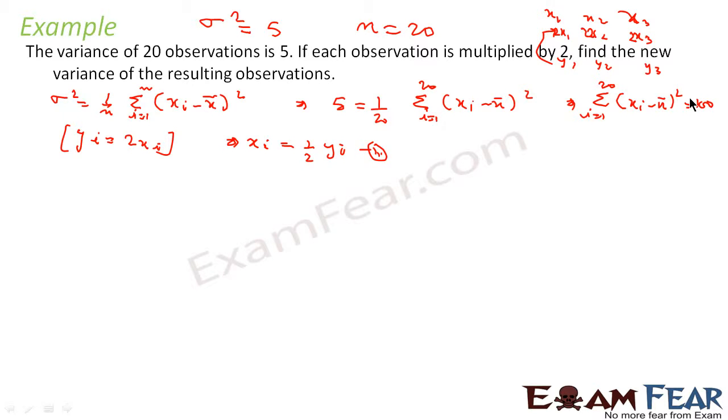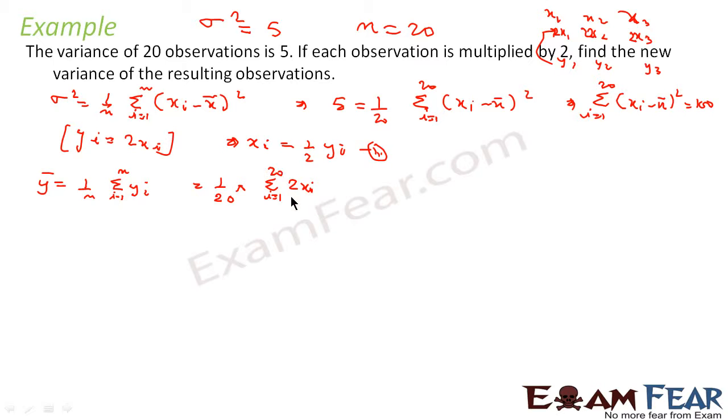Now we have to find the mean of y. Mean of y will be nothing but 1 by n into the sigma of yi, where i is equal to 1 to n, and yi is 2xi. So this becomes 1 by n, which is 20, into the sigma of 2xi, i is equal to 1 to 20.